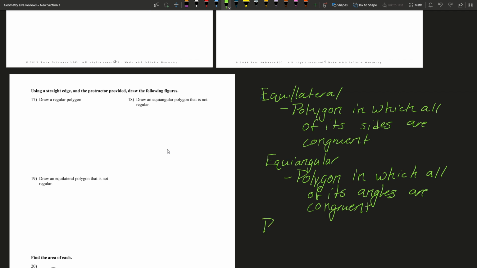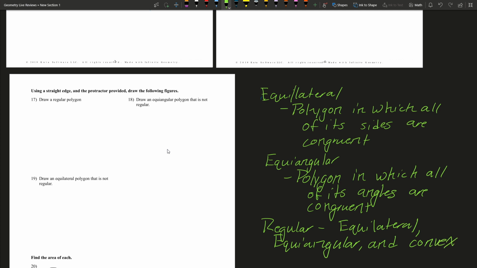And then regular is a polygon that is equilateral, equiangular, and convex. Okay, so we need to draw each of these definitions basically.